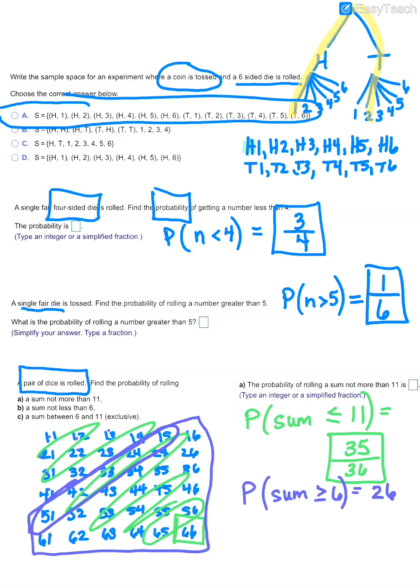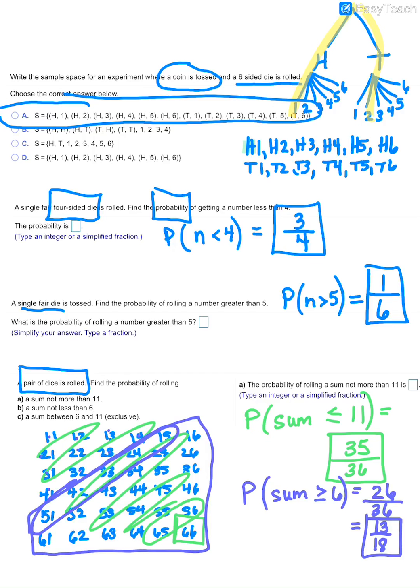So 36 minus the 10 would leave me with 26 sums that are not less than 6. That is out of the total of 36 outcomes. And then if I divide by 2, I'm left with 13 out of 18 sums.